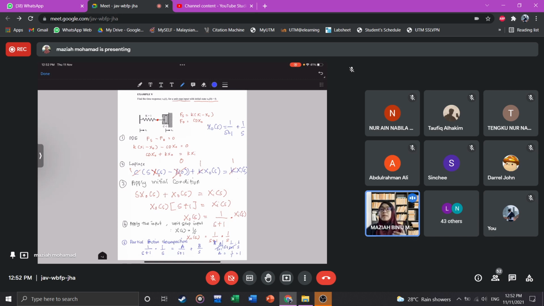Okay, that is after you have solved for A and B using remainder theorem. Okay, for today we're not going to discuss the remainder theorem yet. Okay, so that is step number 5, and then step number 6 is inverse.